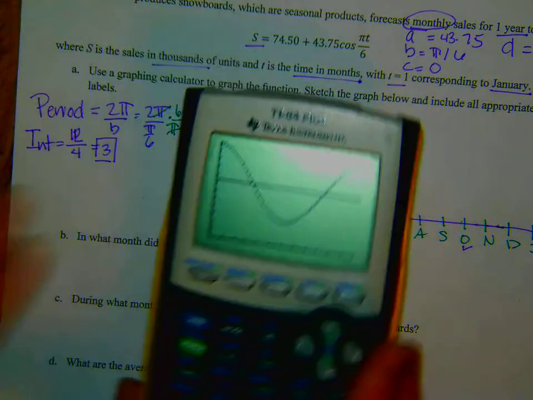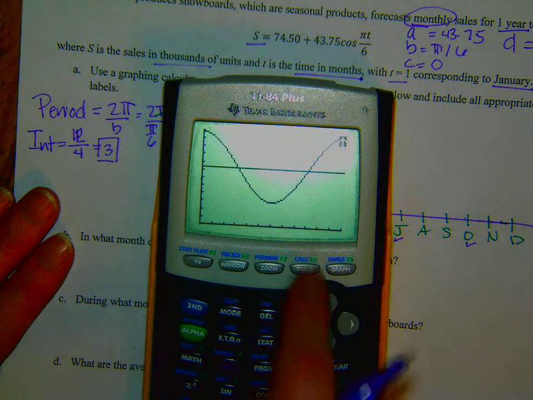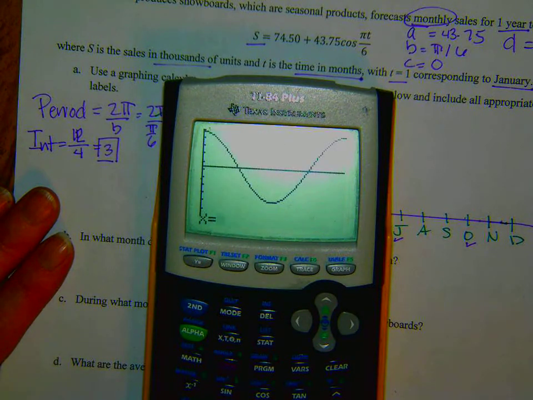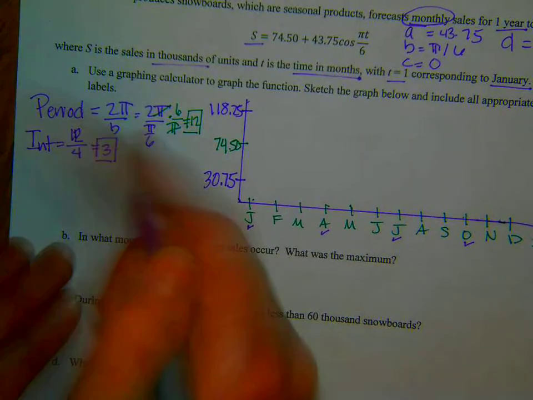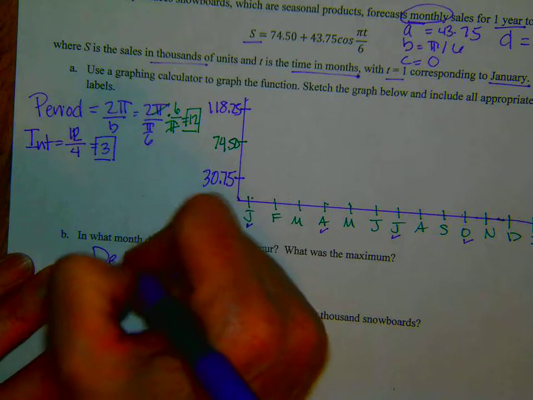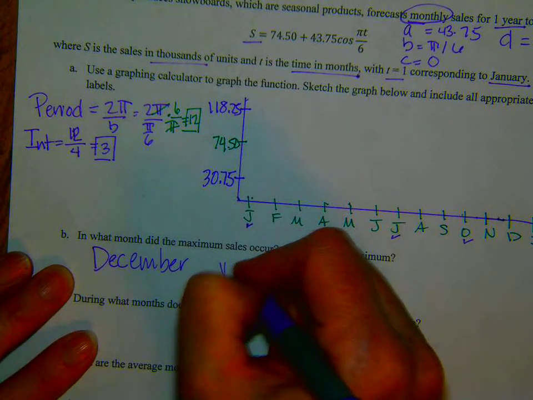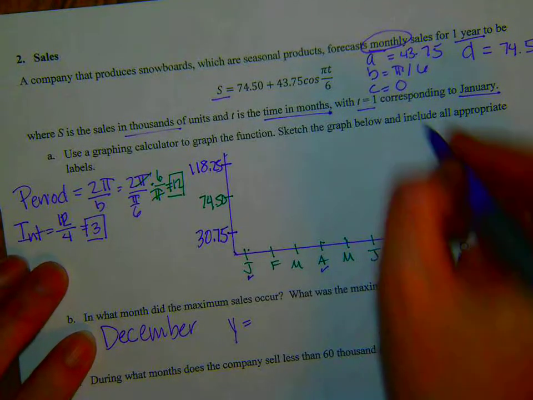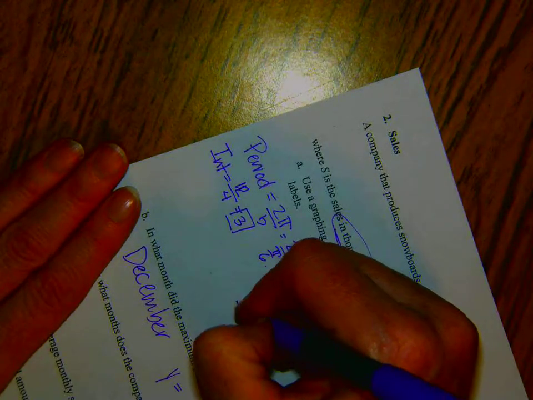So let's do a second calc value and do x is 12. Y equals 118.25. December. Y equals, and now remember, the y-axis was also in thousands of units. So on your y-axis, this is going to be thousands.